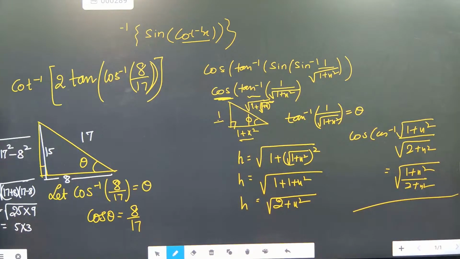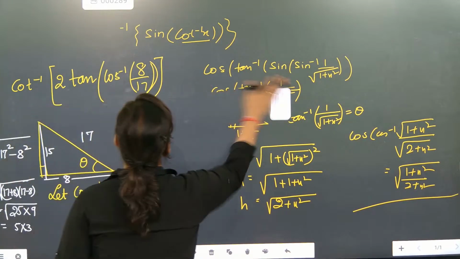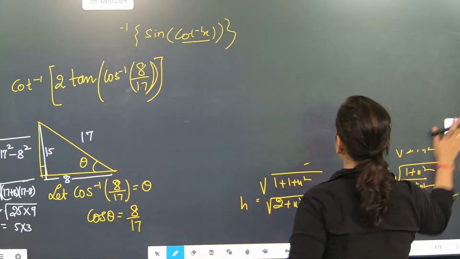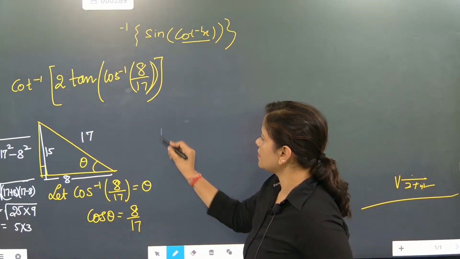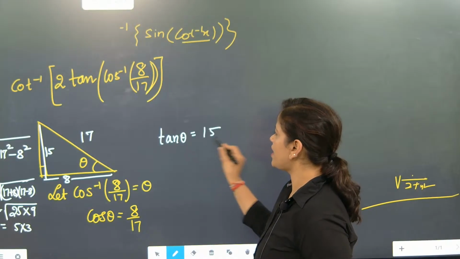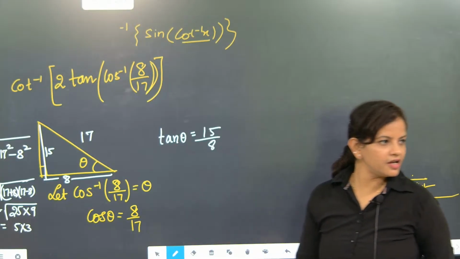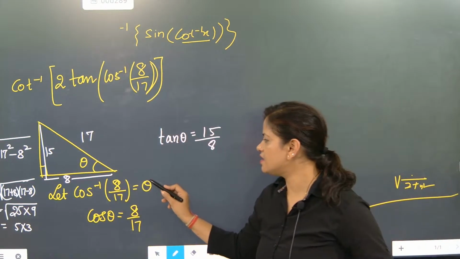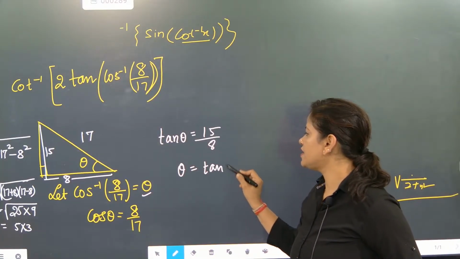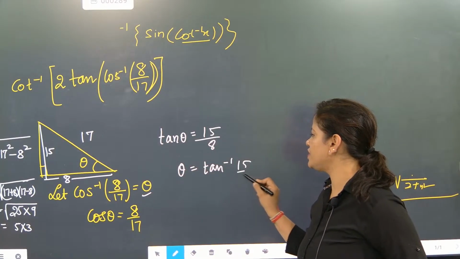Shortest method. So now once you have written till here, we have to find tan. So what we are going to write, beta? Tan theta will become 15 by 8. Correct? But we started with theta, so theta is equal to tan inverse 15 by 8.